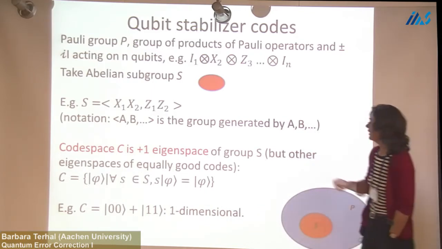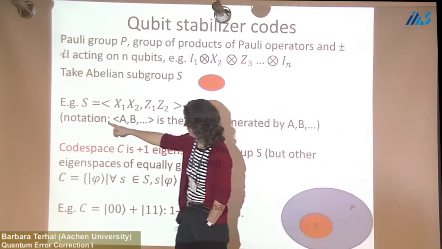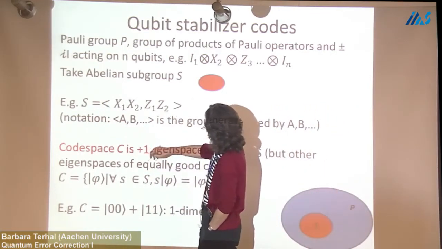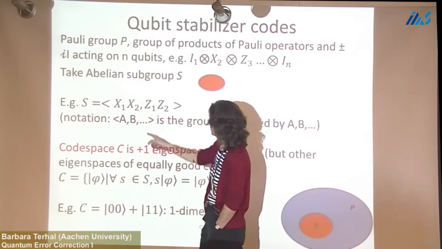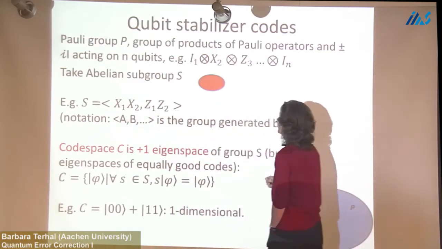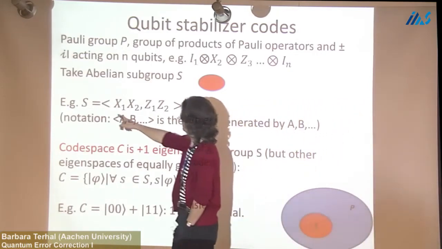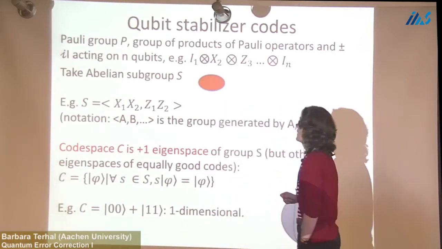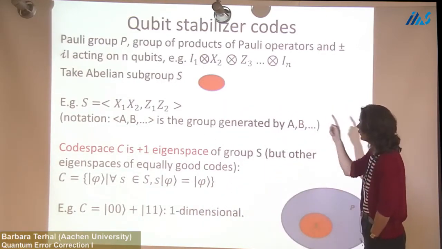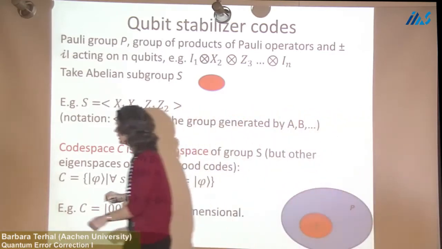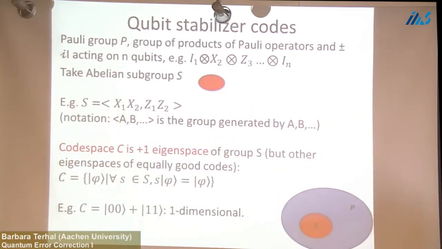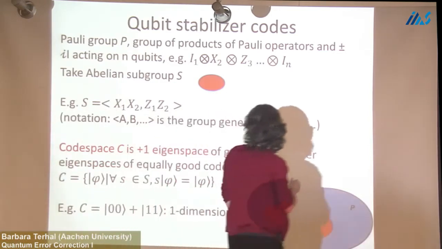And this abelian subgroup is generated by a few elements in this Pauli group. Now, an example: if I have a stabilizer that is generated by these two elements, I denote it with these brackets. So you may see this notation again. So I can look at this group, for example. And we also ask that minus identity is not in S. That's the condition on the stabilizer group, and there is a reason why this is the case.